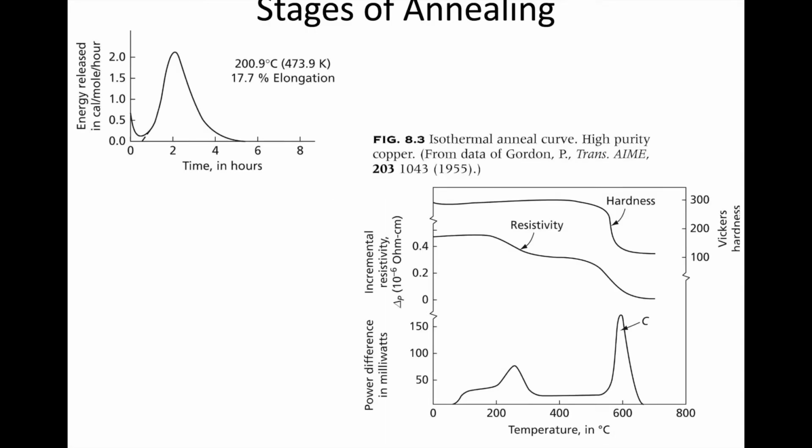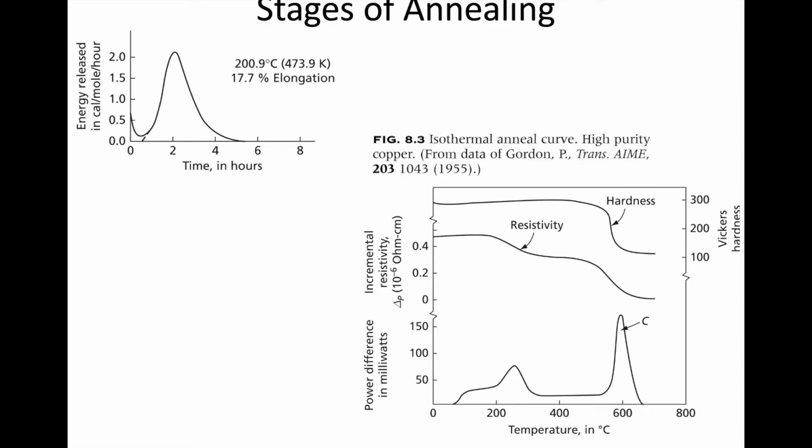But the first thing I want to show is from the metals textbook, and it goes over the stages of annealing. And I wanted to show this because, again, this is annealing of cartridge brass. The goal of this lab that I want you to obtain is looking at the stages of annealing with the techniques that we're using: metallography, hardness, and conductivity.